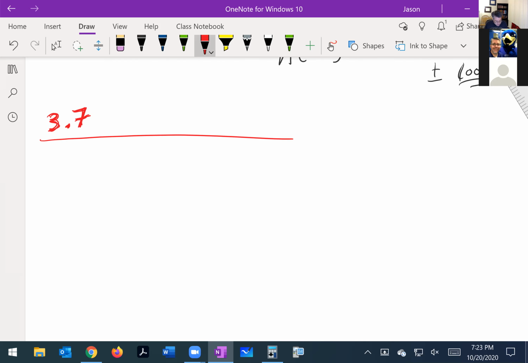Okay, so 3.7, elasticity of demand. What is elasticity of demand?